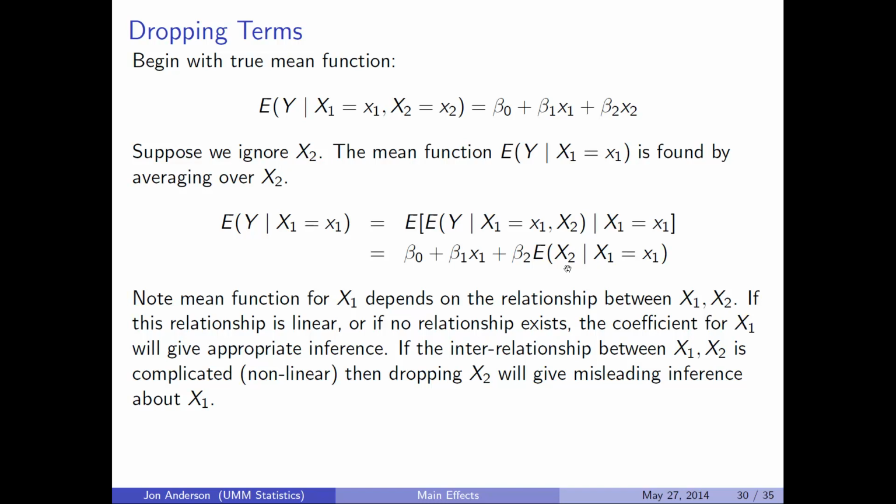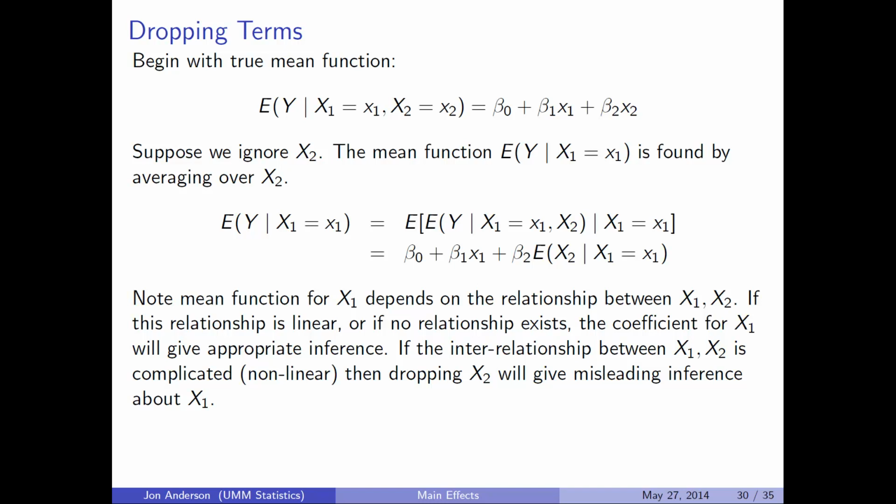What I want you to see here is that if x1 and x2 are related in terms of a linear function or no relationship at all, analyzing a mean function that only has x1 in it is not going to be terribly misleading.